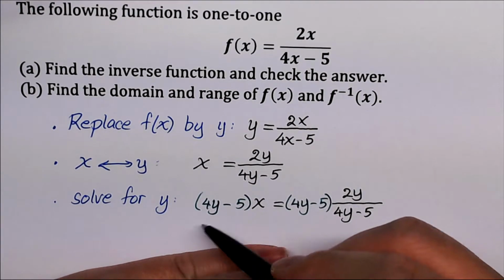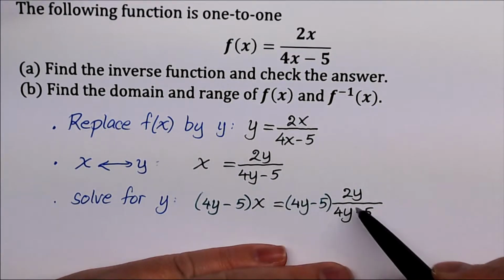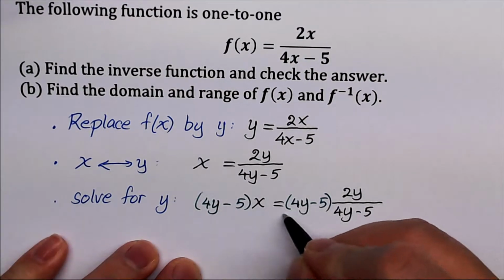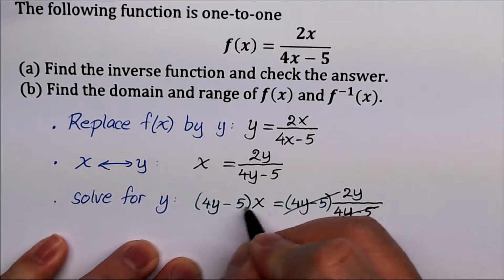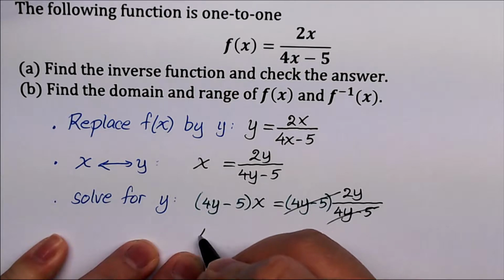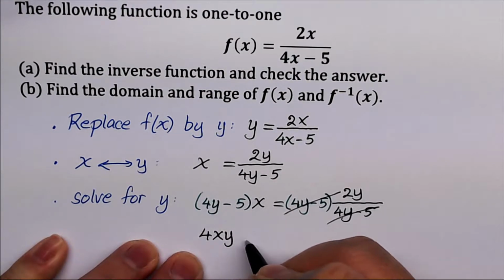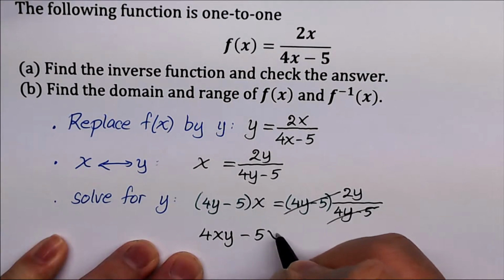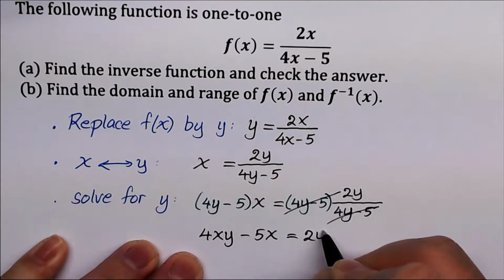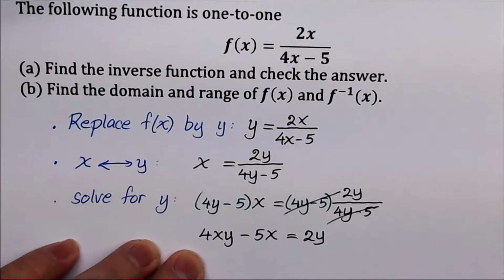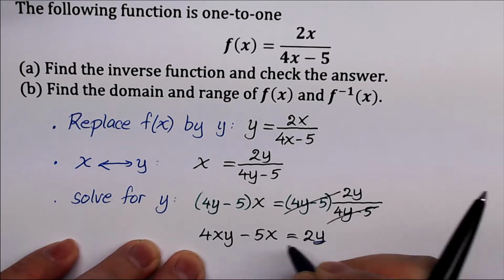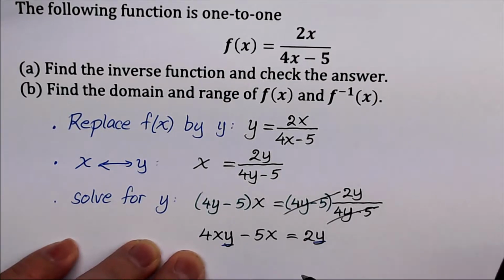And 4y minus 5 cancels with the denominator. And multiply this out. We have 4xy minus 5x equal to 2y. Both of them have y here, so we need to bring them to one side.